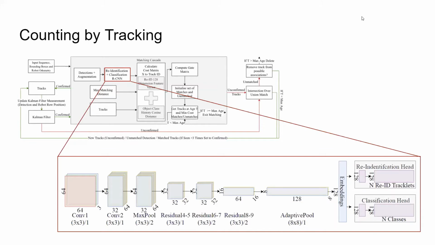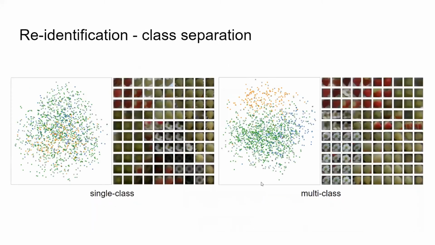And during training, this solution allows for better separation and discrimination between the tracked fruit, and that can be seen in projecting the feature space into two dimensions.